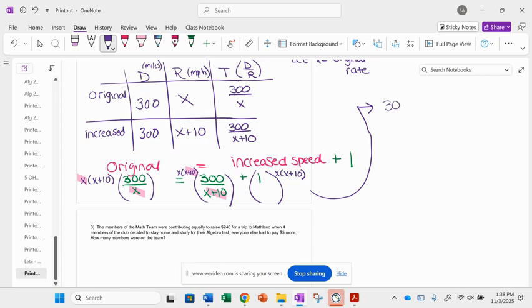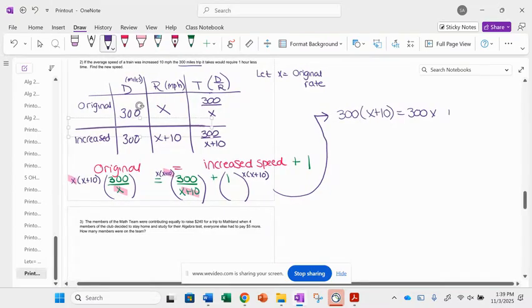So we have 300 times X plus 10 is equal to 300X, I should say, plus X times the quantity of X plus 10.